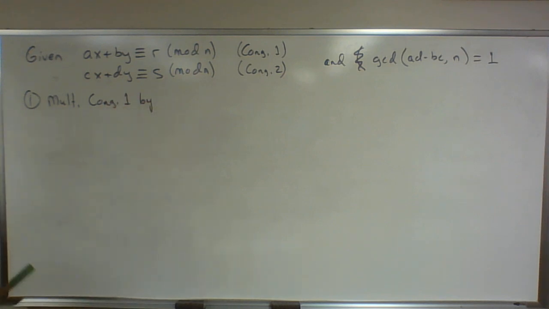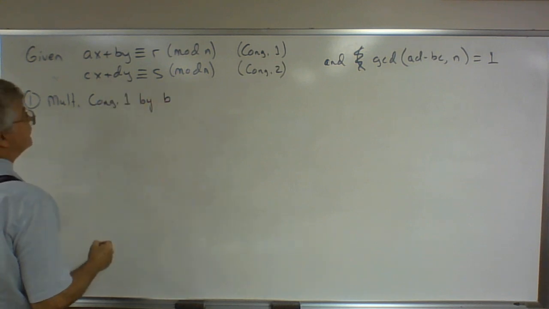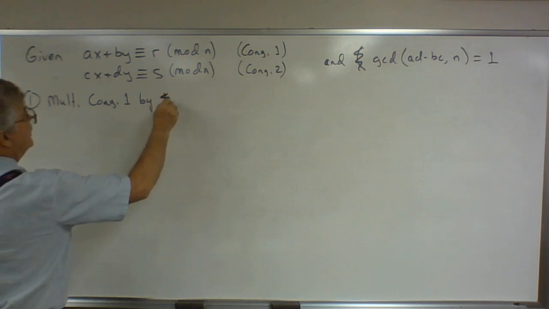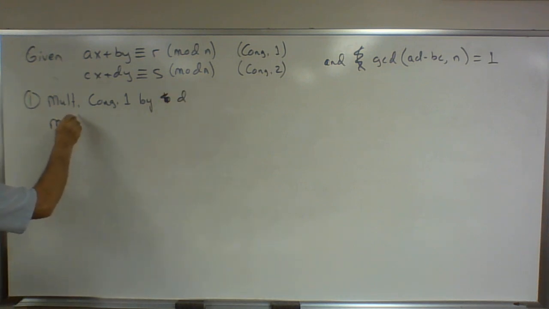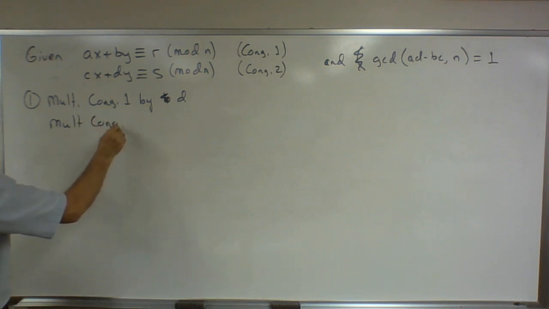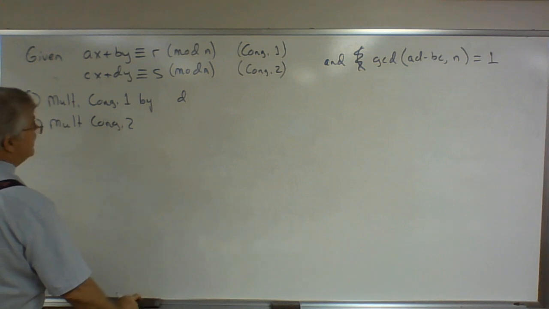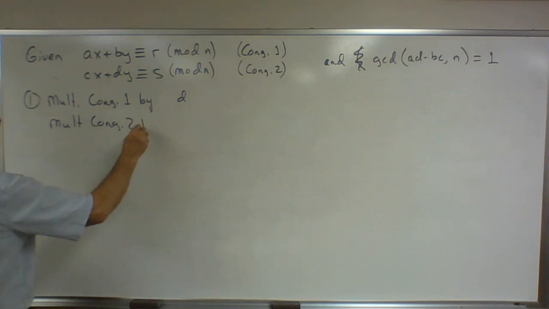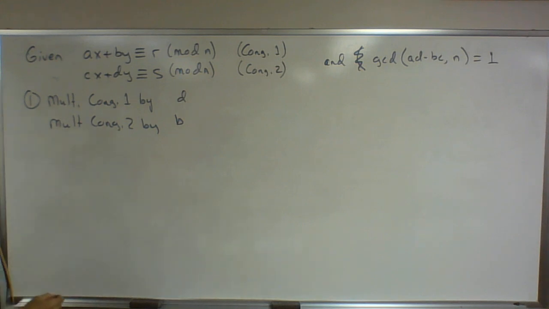Multiply congruence 1 by D, and multiply congruence 2 by B. And what do we get? Holy moly.